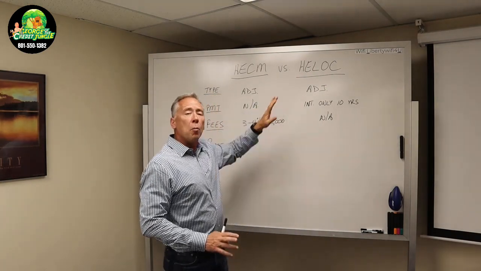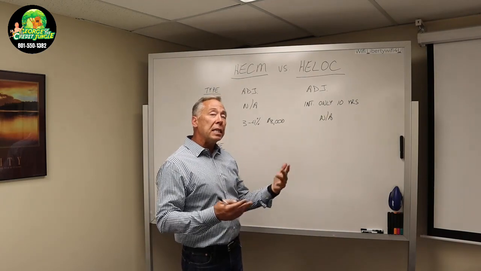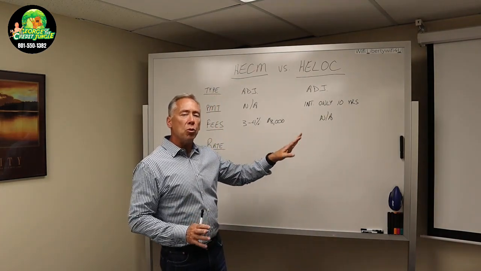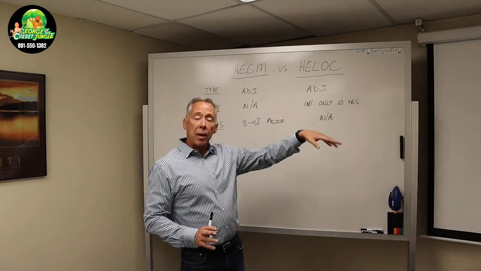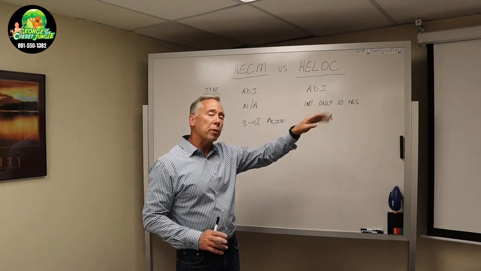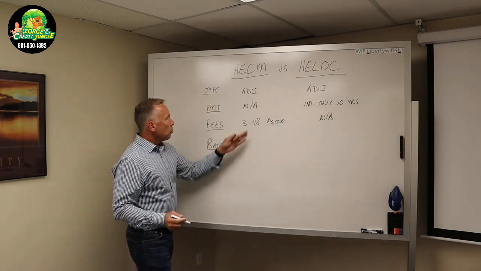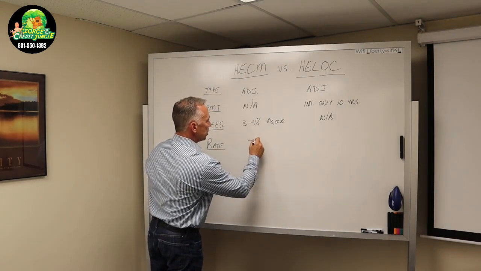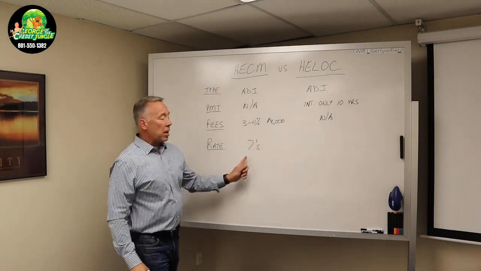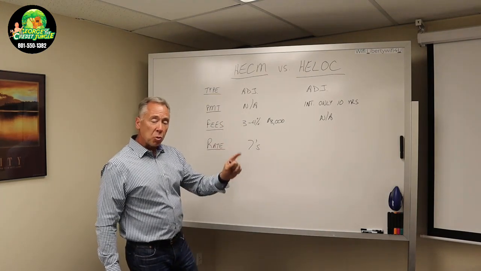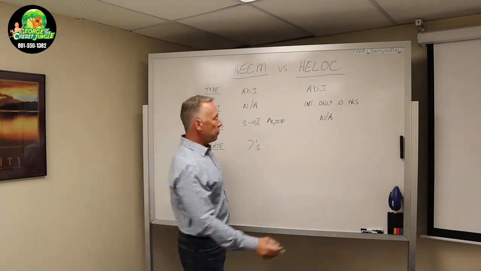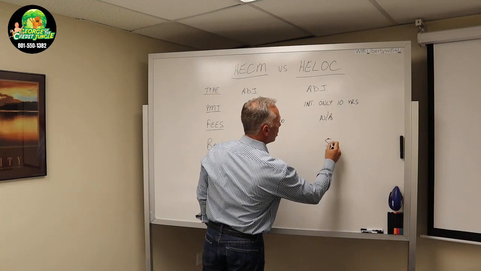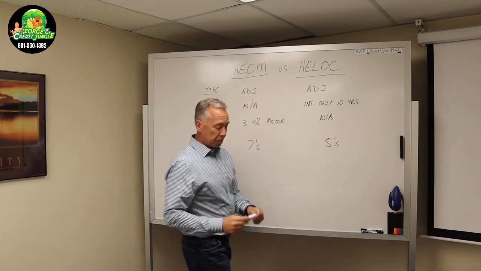Sometimes it's prime, but anyway, they have similar indices that they are connected to that are going to move at the same rate as the Fed does what they do, and shorter term interest rates move up and down. The rate here on a HECM is in the 7s. Same product, same adjustable rate, same type of financing here. The rates over here are in the 5s.